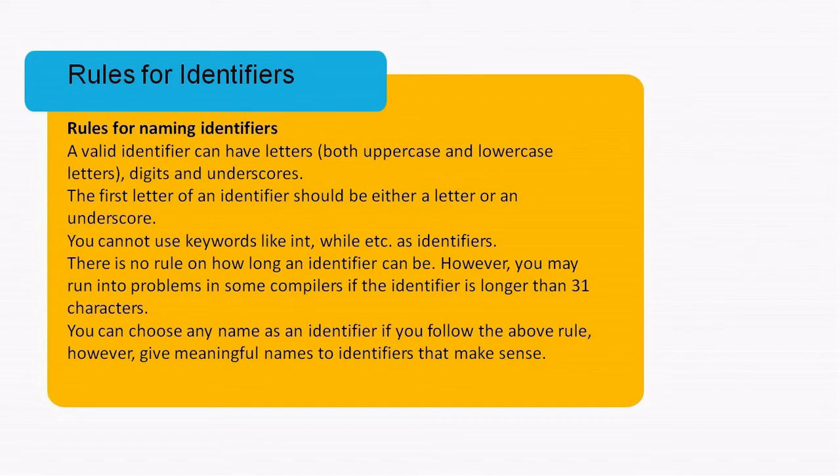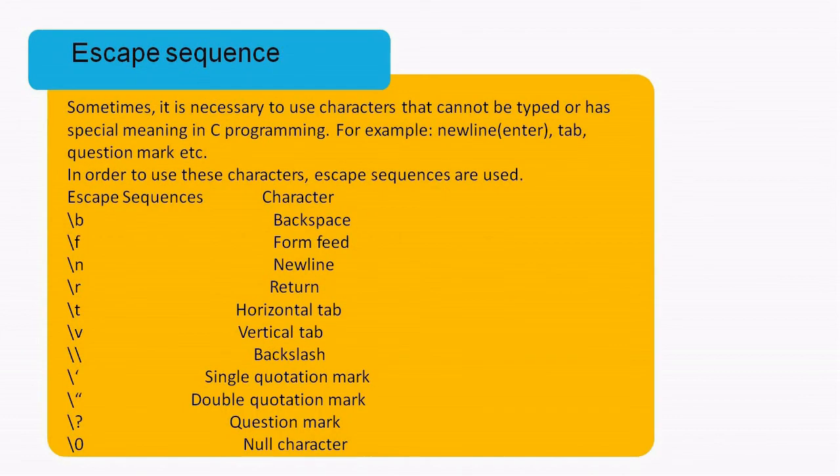There is no rule on how long an identifier can be. However, you may run into problems in some compilers if the identifier is longer than 31 characters. You can choose any name as an identifier if you follow the above rules. However, give meaningful names to identifiers that make sense.